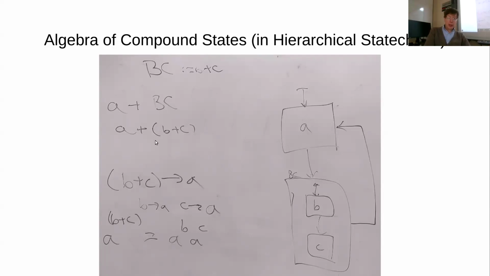But within BC, they can be in either B plus C, so this is equally true. Here, a transition out of this state as a whole. You remember I talked about that. You can have transitions out from particular substates or from the state as a whole, the compound state. If it's a transition out from the compound state as a whole, then it's coming out from B plus C to A.